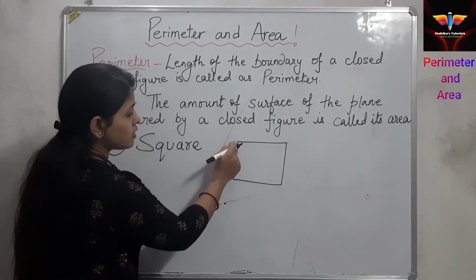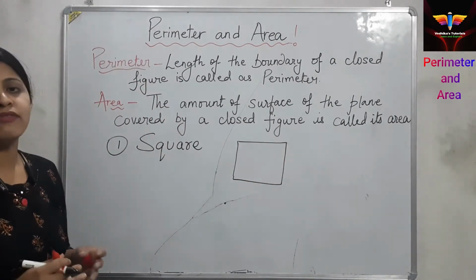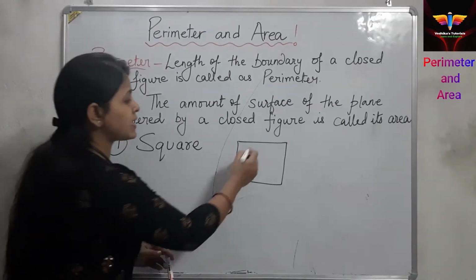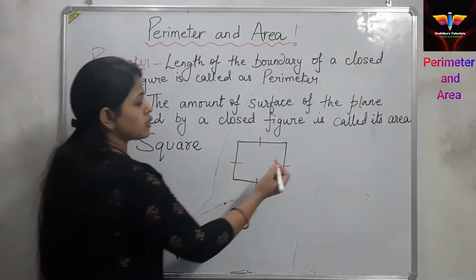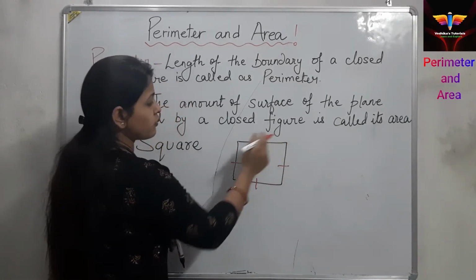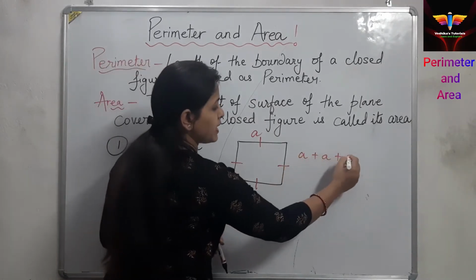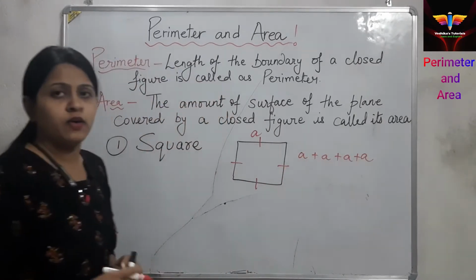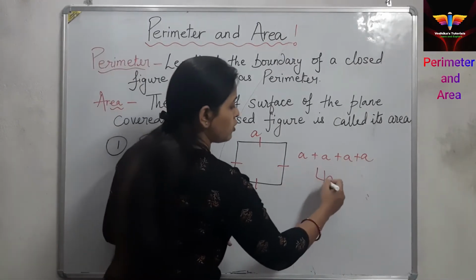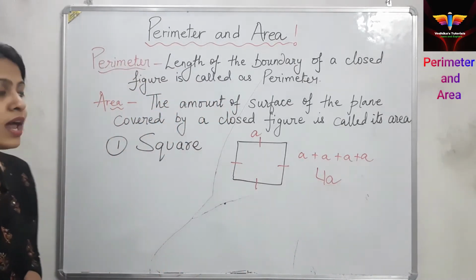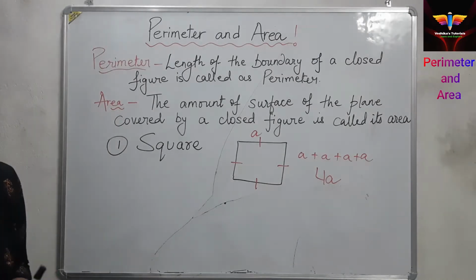We have to add all the sides, and in a square we know that all four sides are equal in length. So if the length of one side is a, we can write it as a plus a plus a plus a, that is equal to 4a. So what is the formula for the perimeter of a square? The perimeter of a square is 4a.